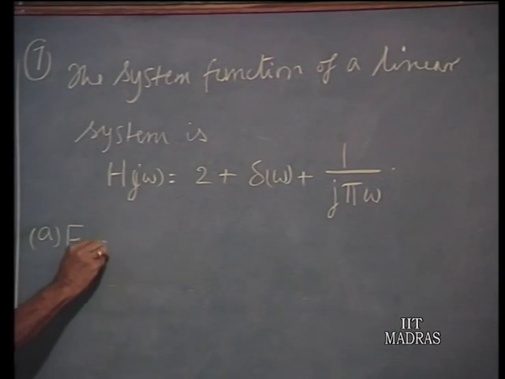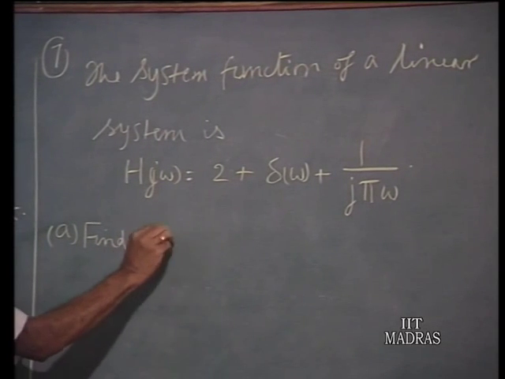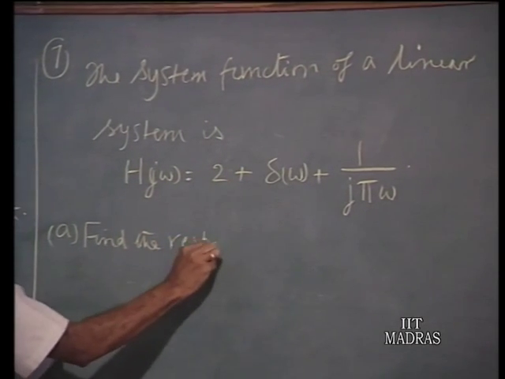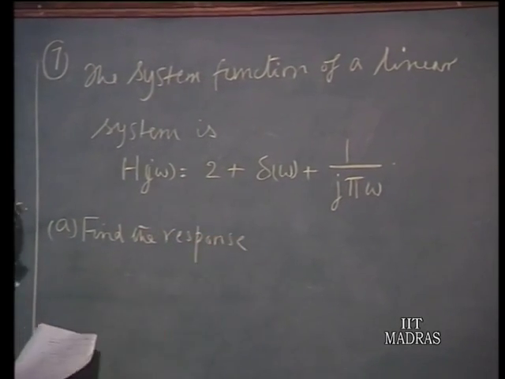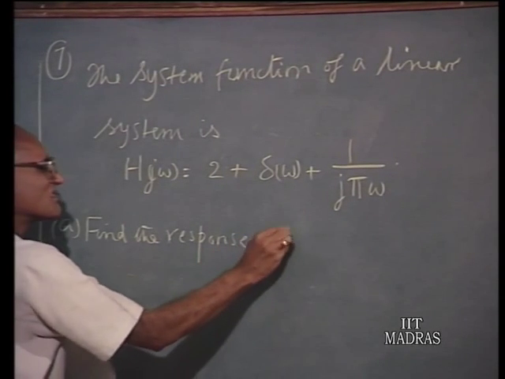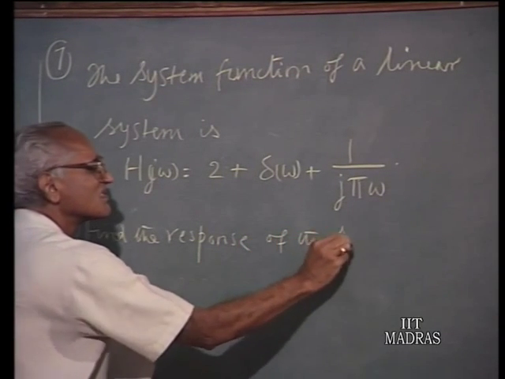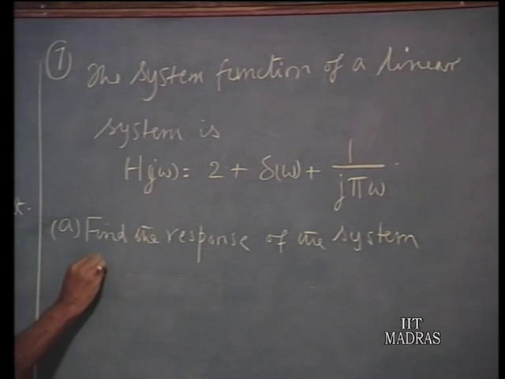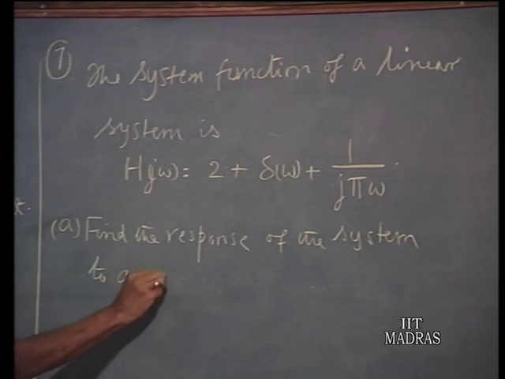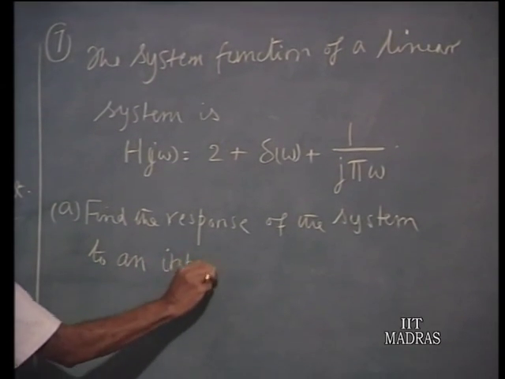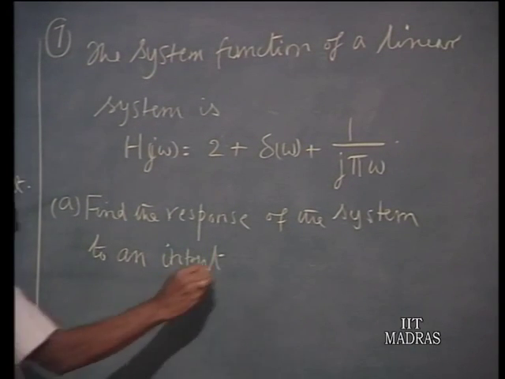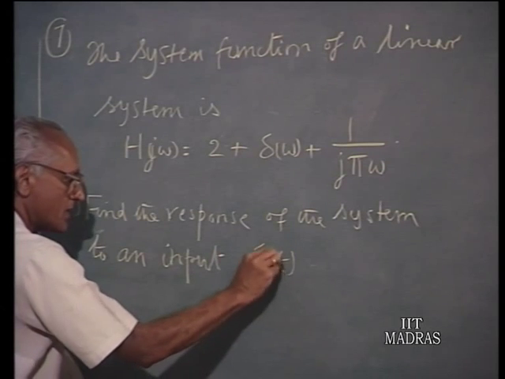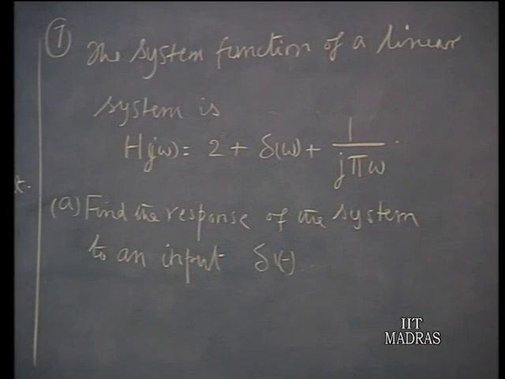Find the response of the system to an input delta t, that is, the impulse response of the system is asked to be found out.